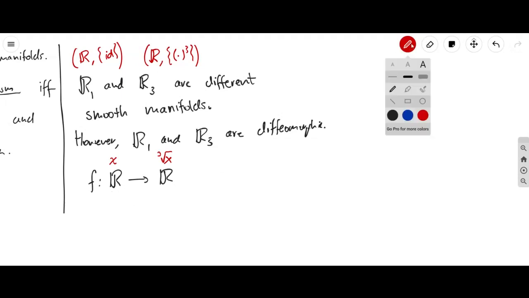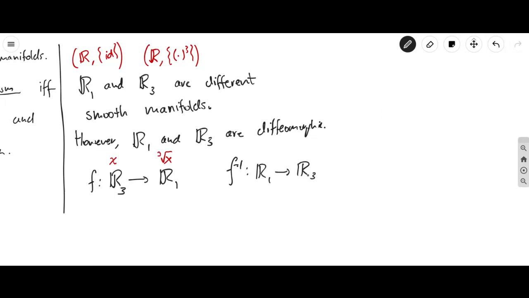I messed it up. I think I have to go from R3 to R1 like this. So that's the function. Yeah, so this would be the way to do it. And then the reverse map, you can check, it's not difficult. From R1 to R3, this is going to be the one that sends x to x cubed. You can check that that one will indeed also be smooth. So that means that even though you have two different smooth manifolds, in some sense you can say that they are the same.